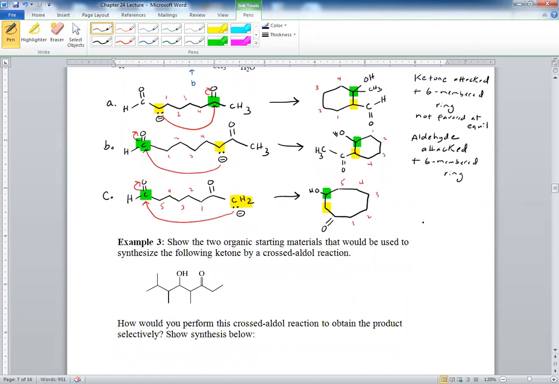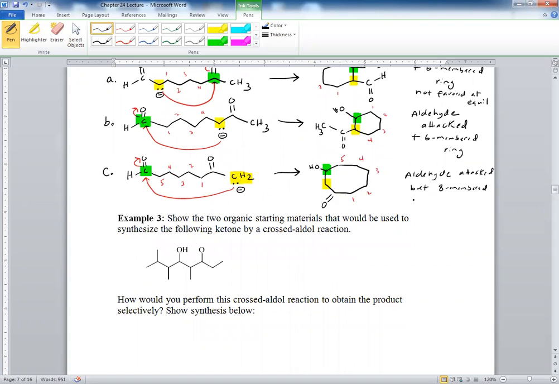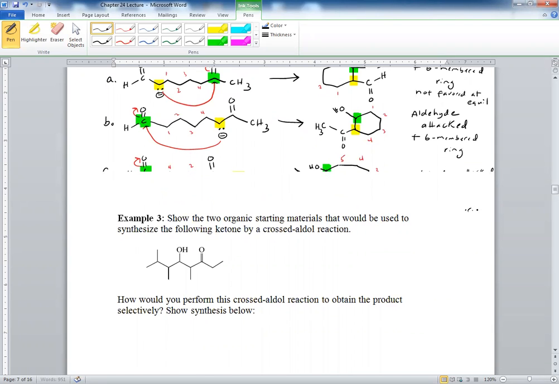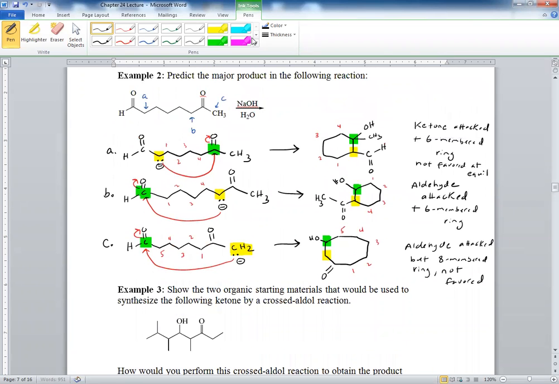And finally, you have an aldehyde attacked here, but the problem is that you formed an 8-membered ring, which is not favored. We need a 5 or a 6-membered ring. So therefore, this is the major product.